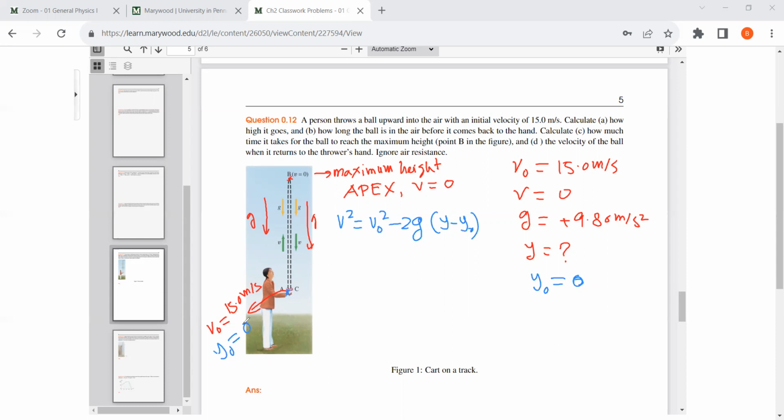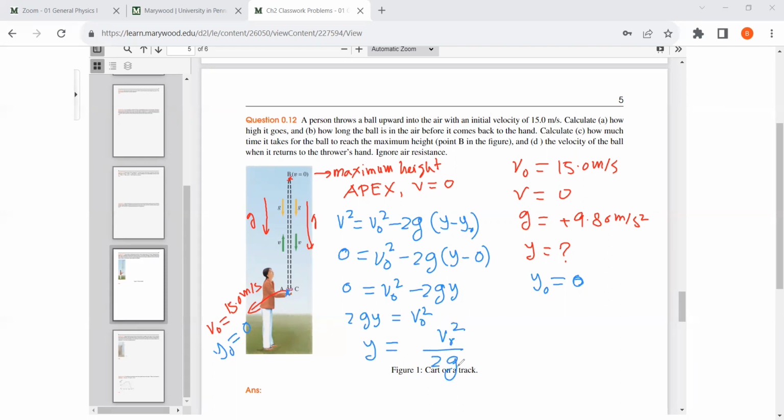So with that, let's plug in the values and see what we get. 0 equals v0 squared minus 2gy. If I solve it, I get y equals v0 squared over 2g, 2 times the gravitational acceleration.